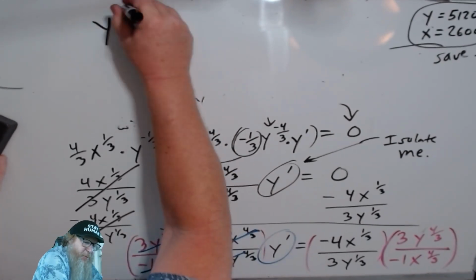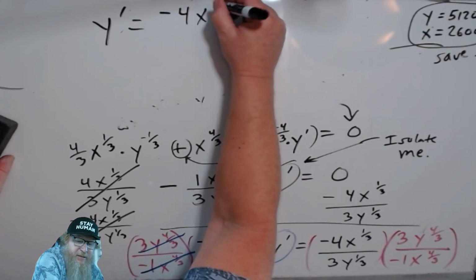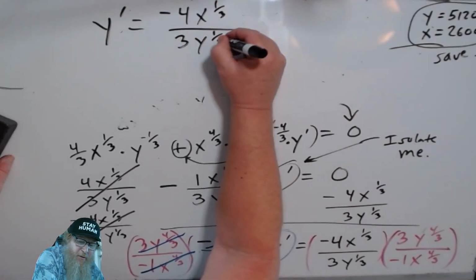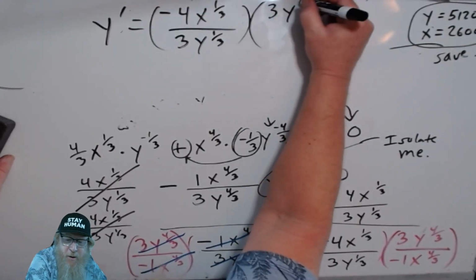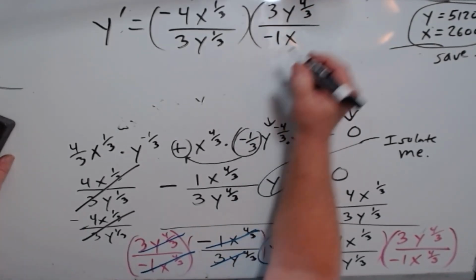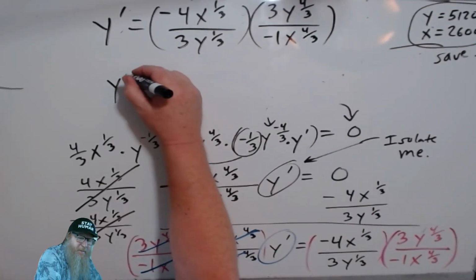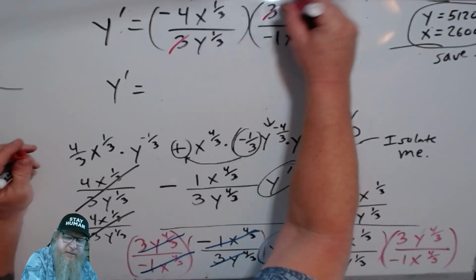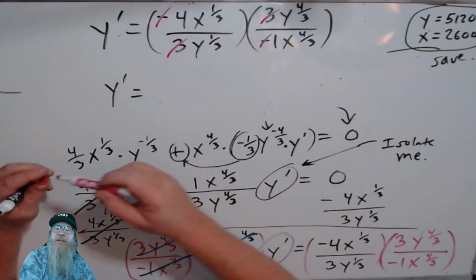So now y prime is, I'm just going to copy the whole thing, negative 4x to the 1/3 over 3y to the 1/3 times 3y to the 4/3 over negative 1x to the 4/3. So I can cancel the 3's. I can cancel the negatives.